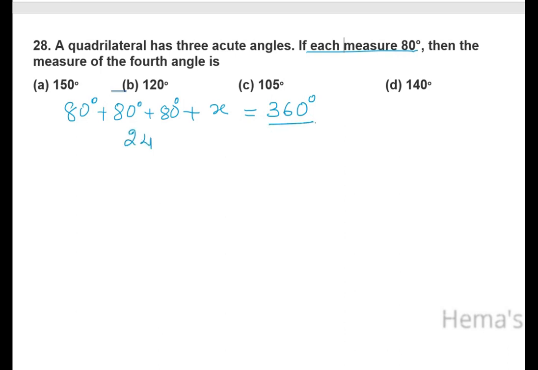So 240 degrees plus x is equal to 360. X is equal to 360 degrees minus 240 degrees, which is equal to 120 degrees. Therefore, option B is correct.